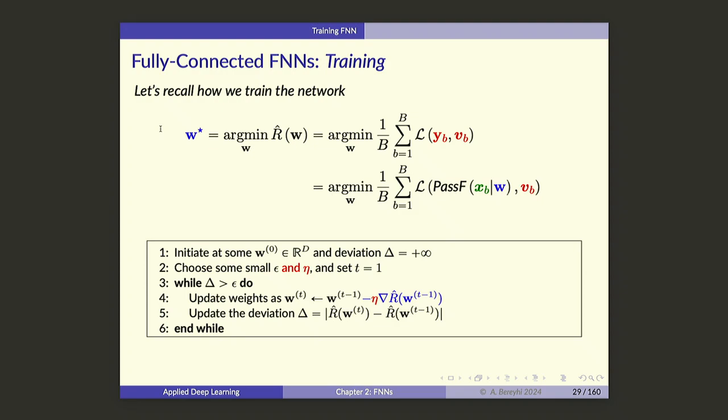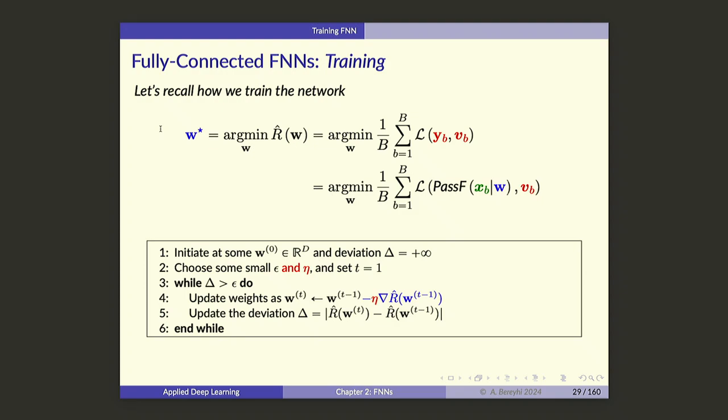But if you want to solve it, the only feasible solution, as I told you, is to use gradient descent, right? Meaning that you're going to start with some initial weights. So you initially set the weights in your neural network. Then you get into the loop, and each time you calculate the gradient of this risk, this whole expression here, with respect to all those weights.